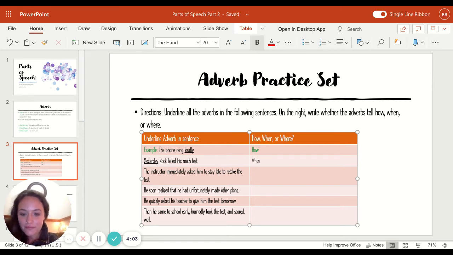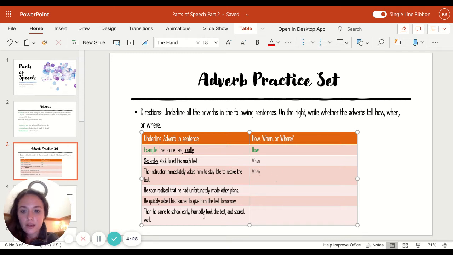Immediately, right? And they asked him to stay late to retake the test. So they asked him to stay late, which is our prepositional phrase, which we'll learn about in a little bit, to retake the test. So this also shows when, right?